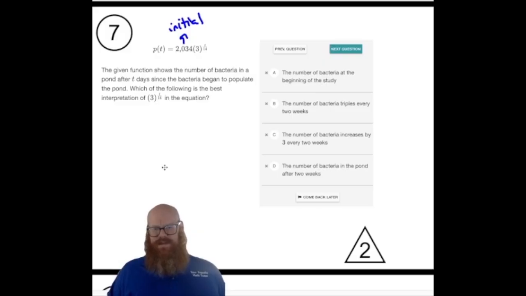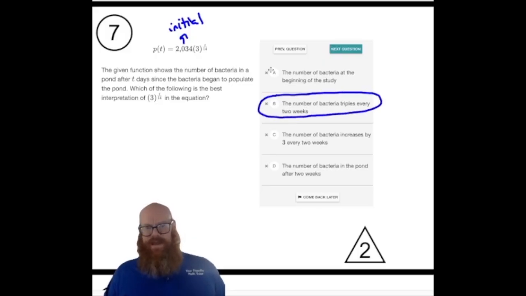So it's basically just that value there is going to be doing this to it over a certain period of time. That's the best way I can explain it. Multiplying by 3 is going to be tripling it, and it's going to be doing this every 14 days. So that tells us that the amount is going to be tripling every 2 weeks.